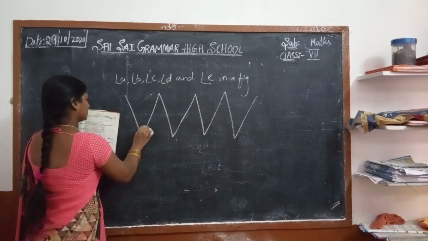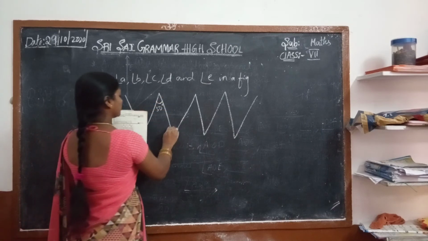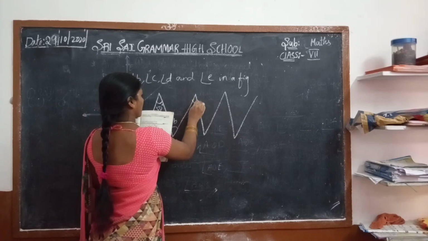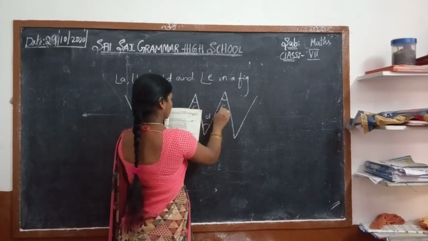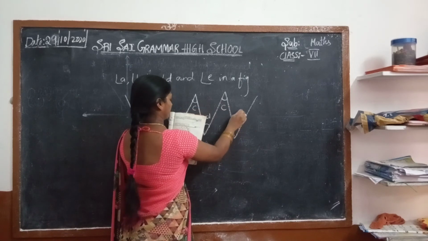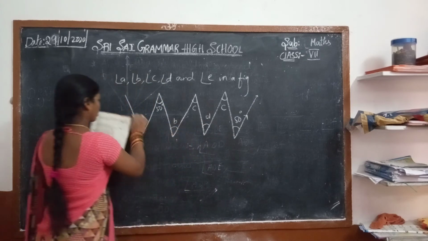This is A. This is angle 50 degrees. This is angle B. This is angle C. Angle D. Here 50 degrees. These are the angles formed.